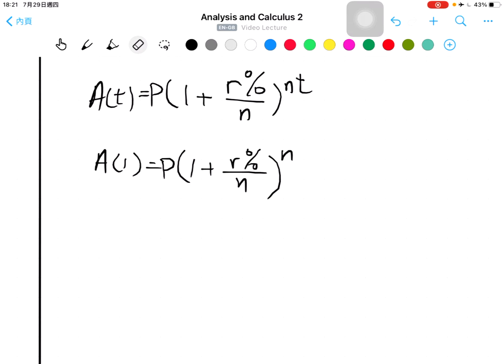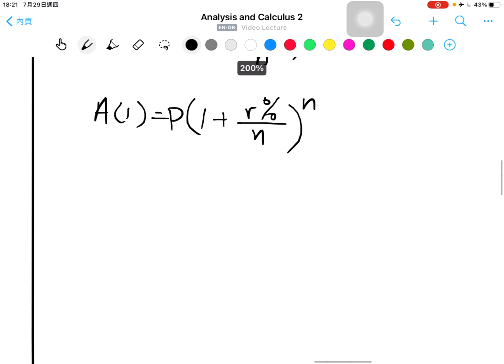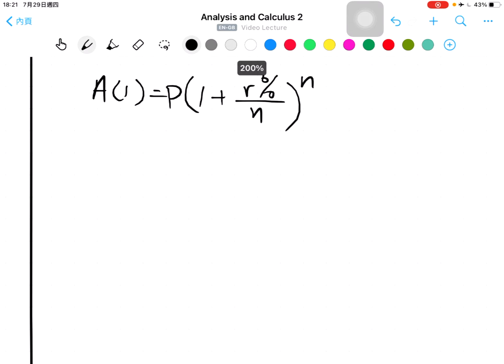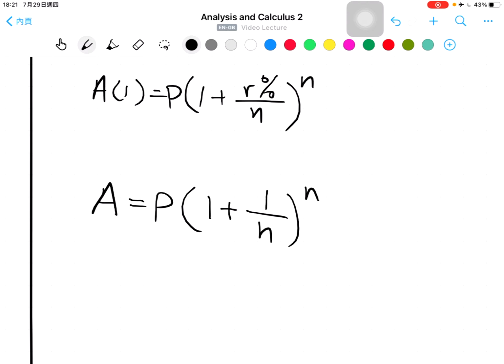Of course, the first very obvious thing is that I maximize the rate. So that means I'm going to have A equals P times 1 plus the rate, which at most is 100% assumed, so it's going to be 1 over n, to the n.